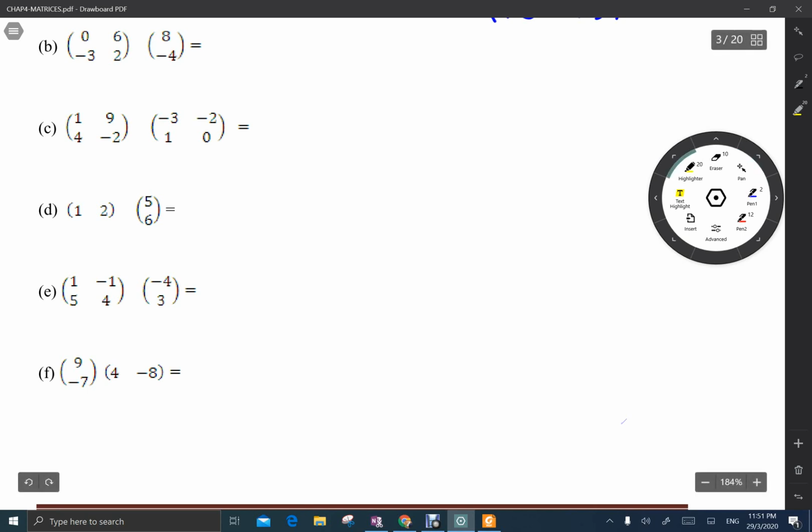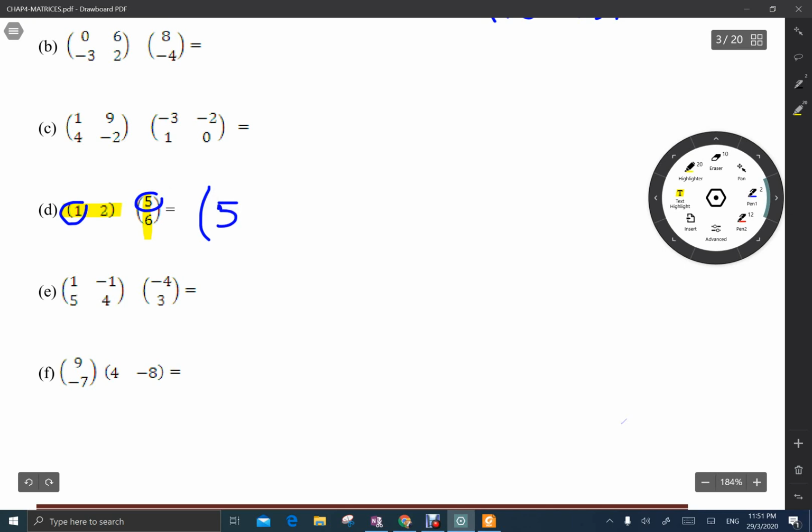Okay. Now, again, how to times two matrix. Mesti the first matrix kita kena ambil row. Darab dengan the second matrix kena ambil column. Okay. So, 1 times dengan 5 is 5. Okay.